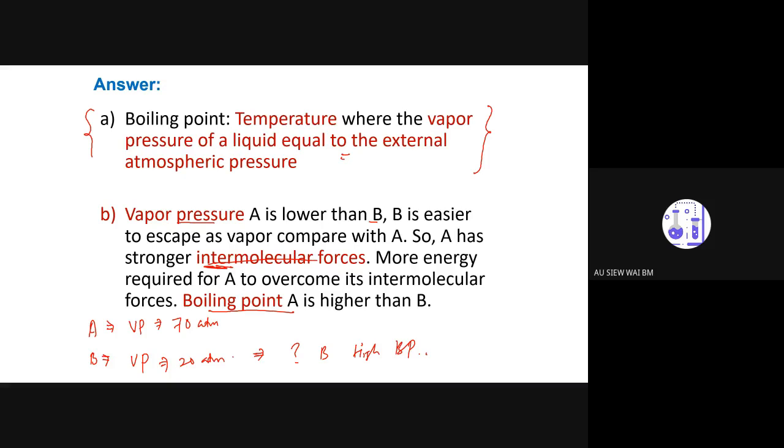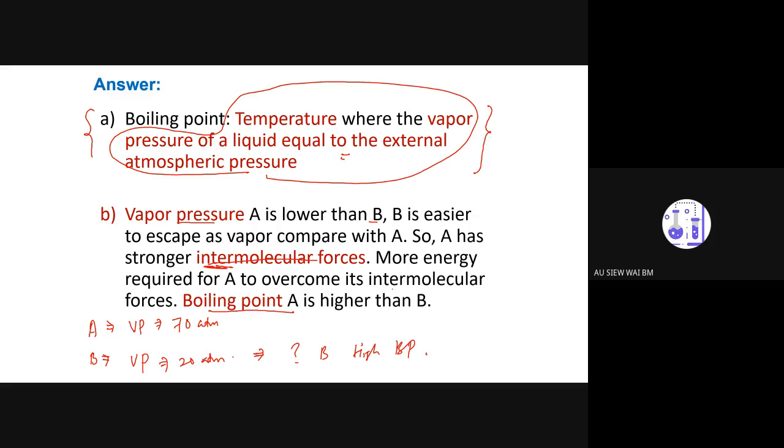So you nak explain macam mana? B has stronger intermolecular forces. So, kalau nak guna balik point ini, in your explanation, you kena bagi tahu, since the vapor pressure for B is lower, that means B has stronger intermolecular forces, right?